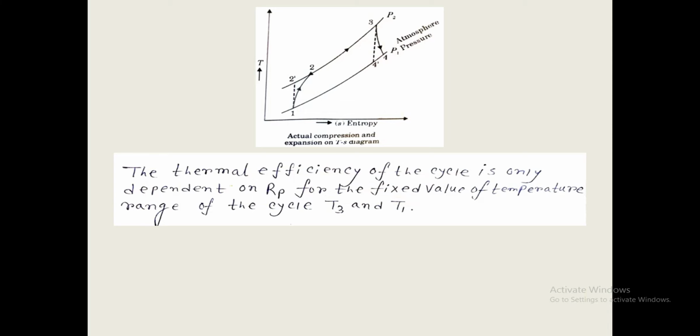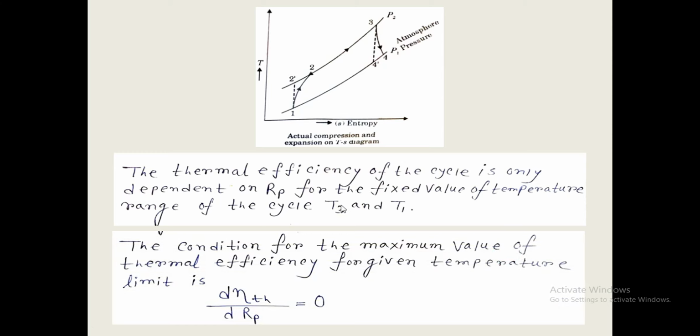The thermal efficiency of the cycle is only dependent on Rp for the fixed value of temperature range of the cycle, T3 and T1, where Rp is the ratio of P2 by P1. The condition for the maximum value of thermal efficiency for a given temperature limit is d eta Th by d Rp equal to 0.